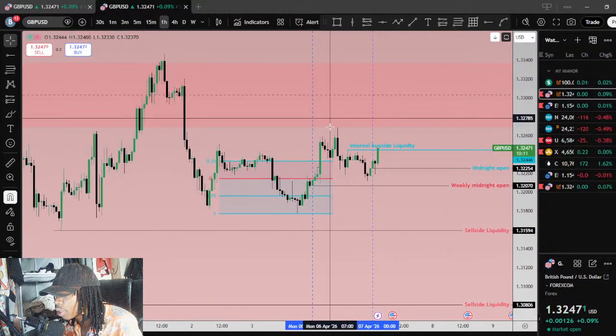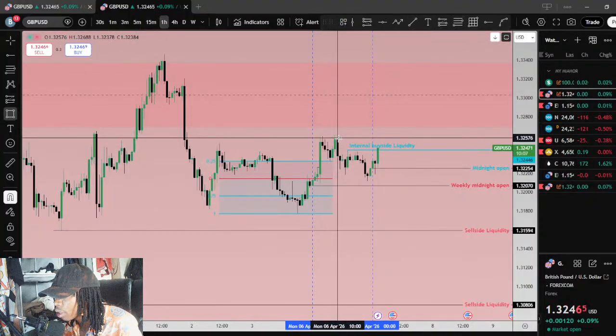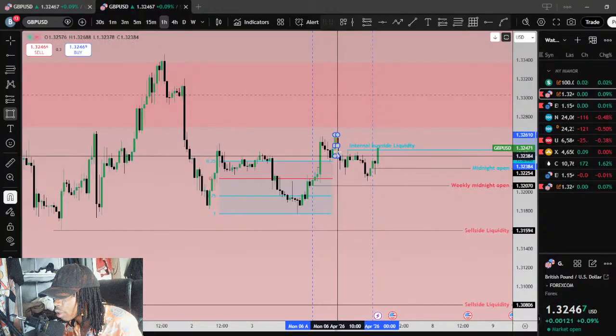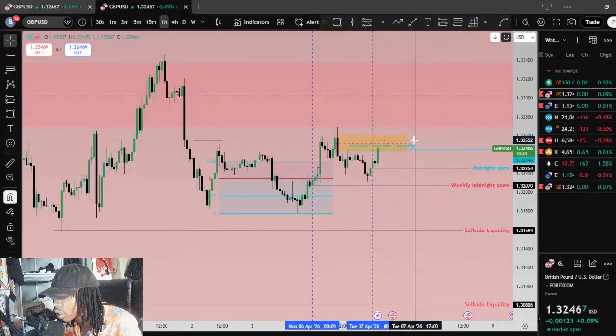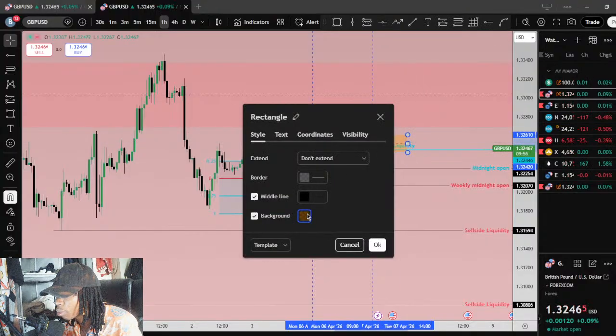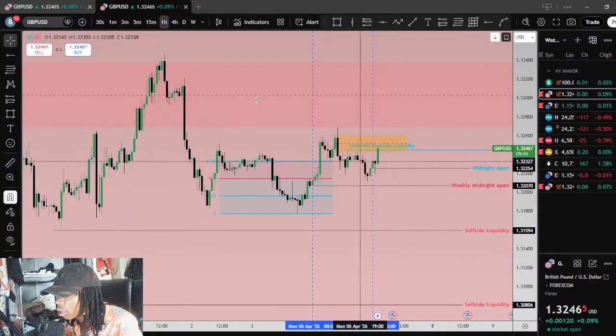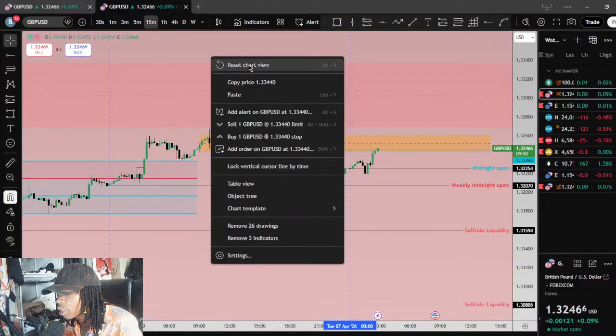So here, what I'm seeing, I'm saying that it's an OB. It's a very important price point. I think I'm gonna keep it in that color. Then I will return on a 15 minutes.